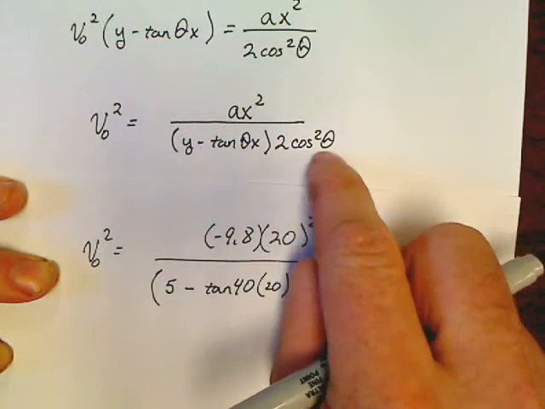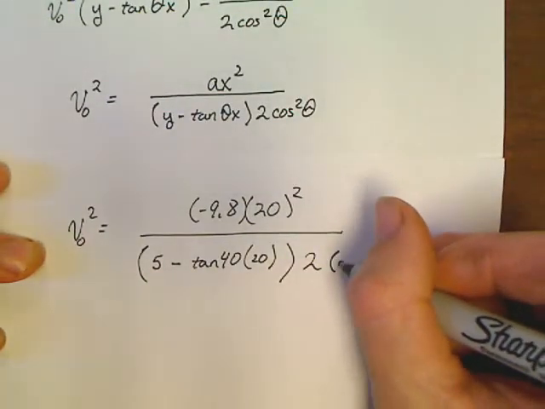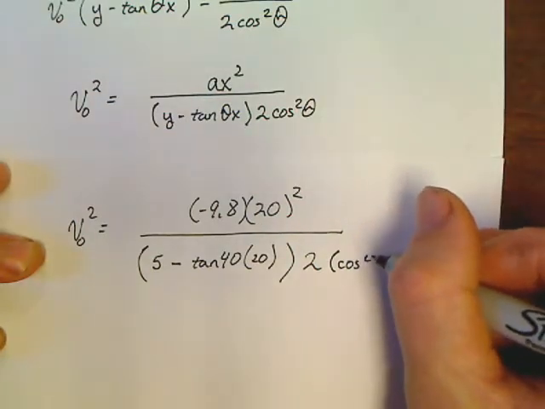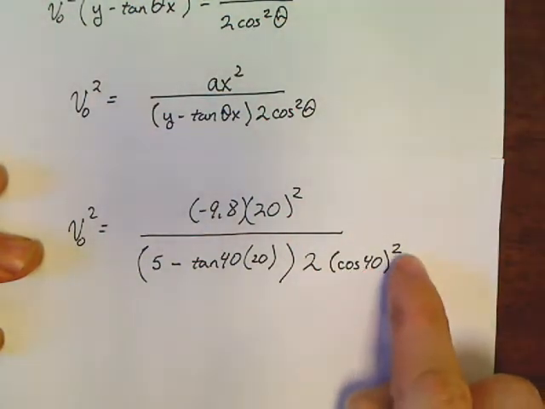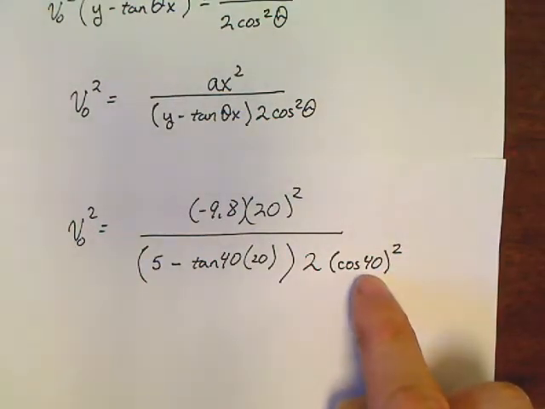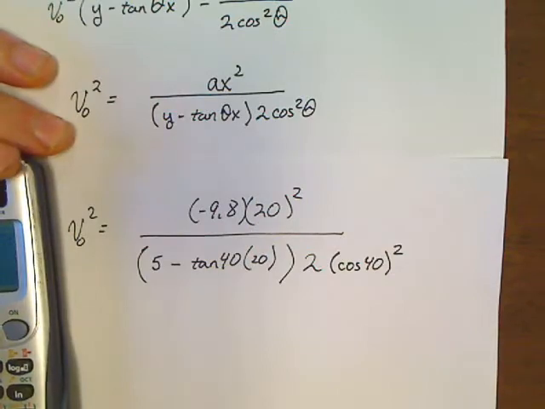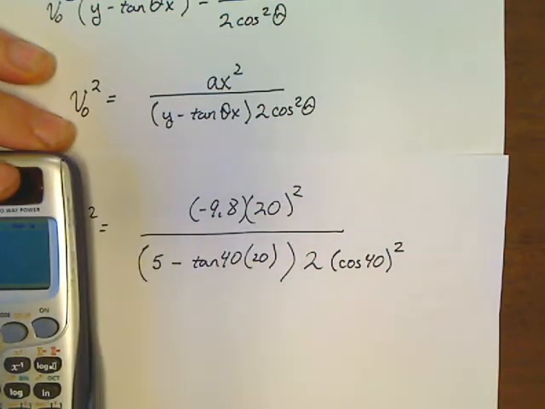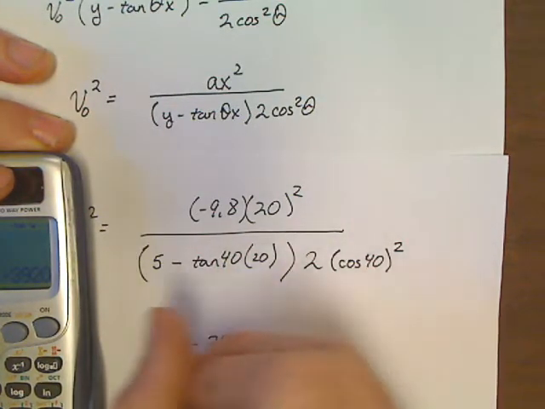The cosine squared is the thing I thought might get some of you. Write it like this. Cosine 40 squared. That's how you treat your squared cosine if you don't understand that. Oh my goodness, how did I end up with this? Top, negative 9.8 times 20 squared. So the top is negative 3920.